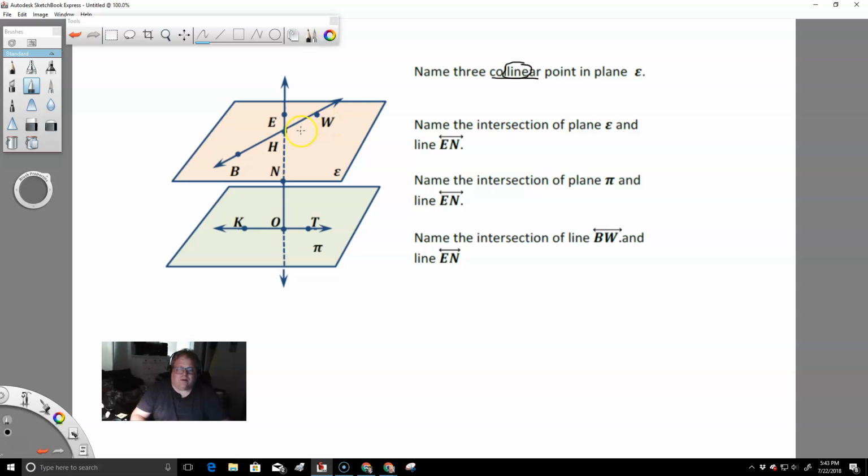And there are really 2 lines, but only one of them has all 3 points that are sitting on E, and that is B, H, and W. And again, you can put it in any order you want because I'm just listing points. Okay, so that's 3 points that are on or in the plane.